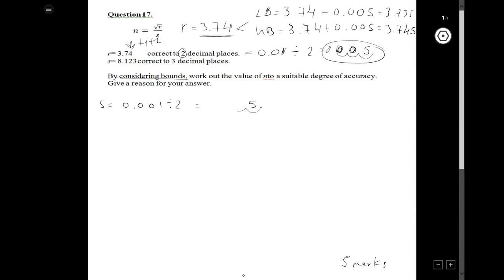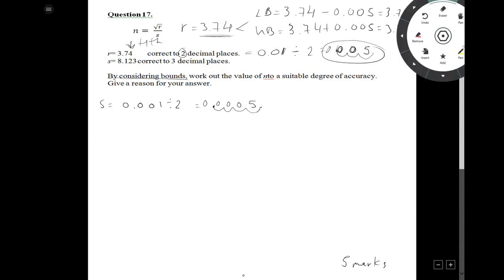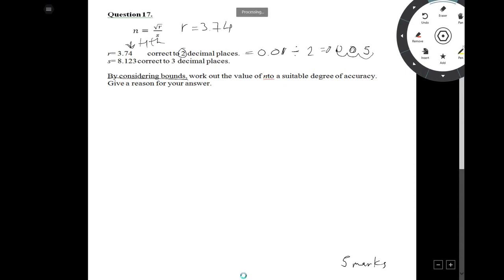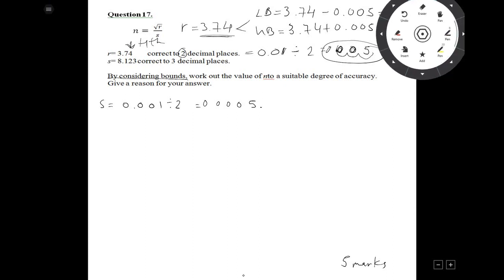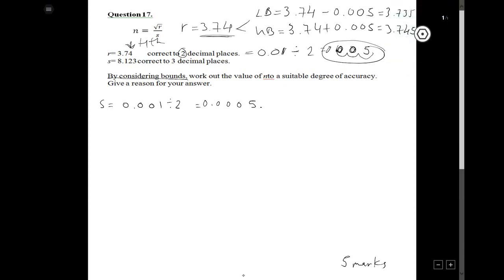The decimal point ends up there, and all the empty spaces get filled with zeros. So that means we have 0.0005.